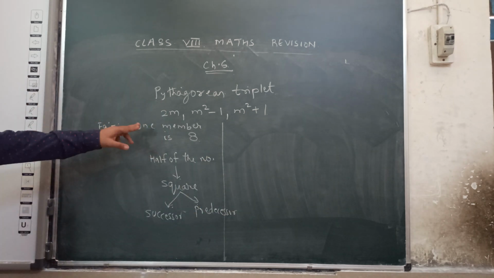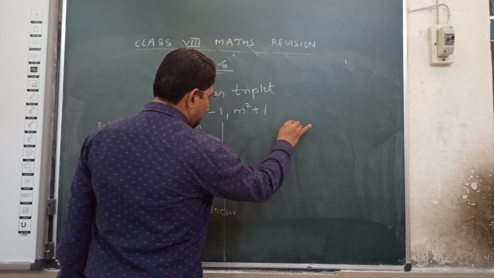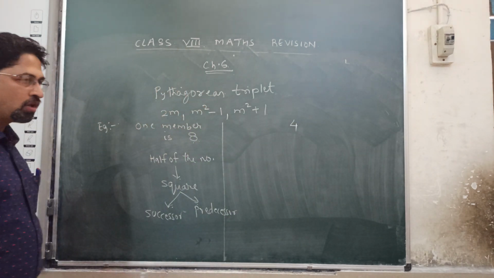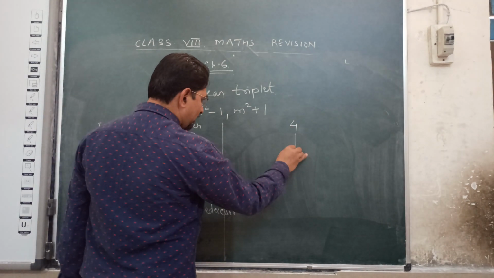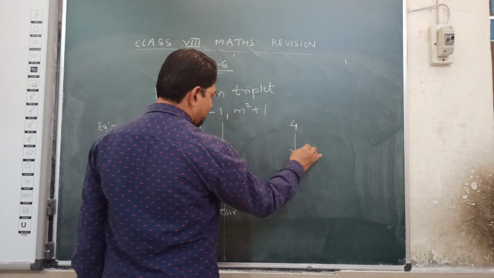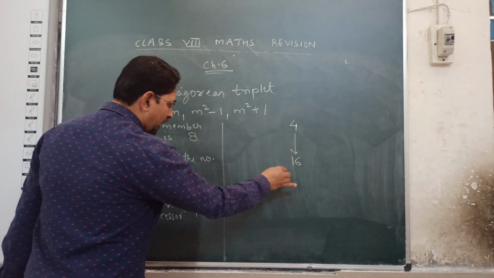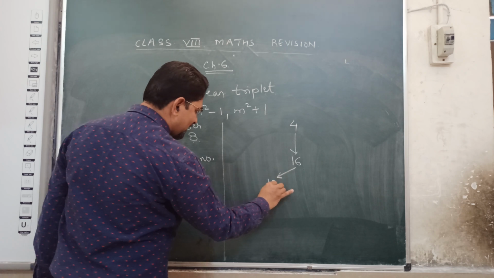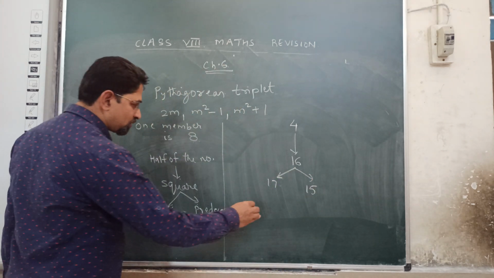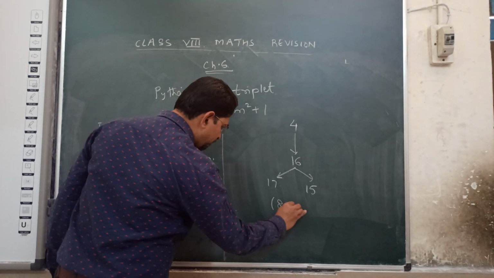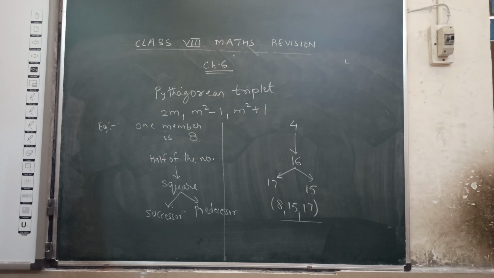For example, half of 8 is 4. Then we have to take the square. Square will be 16 and its successor is 17, predecessor is 15. So the answer is 8, 15 and 17 is a Pythagorean triplet.